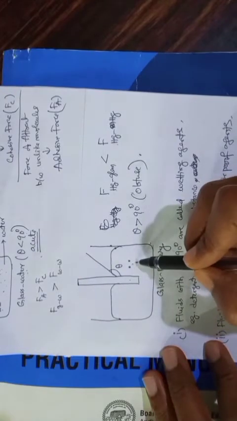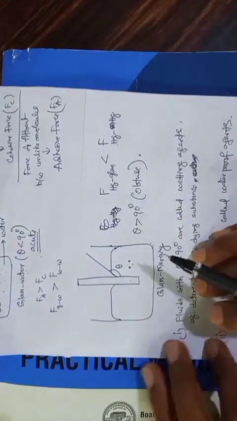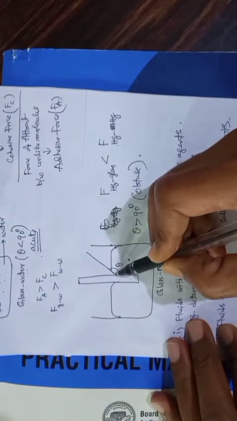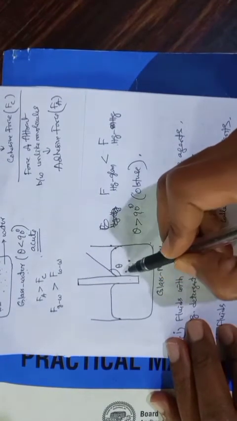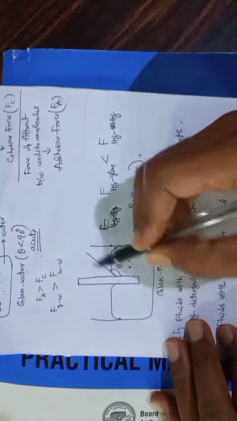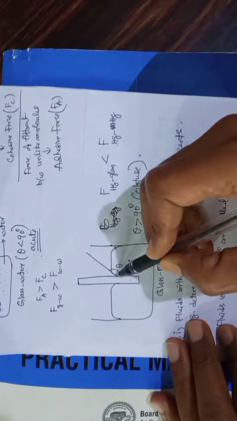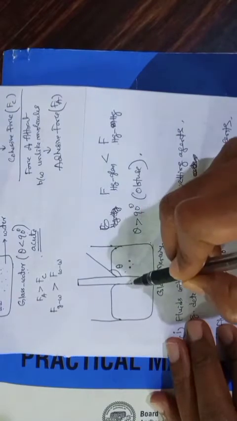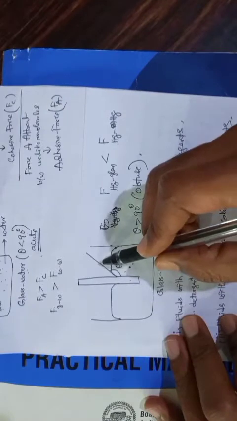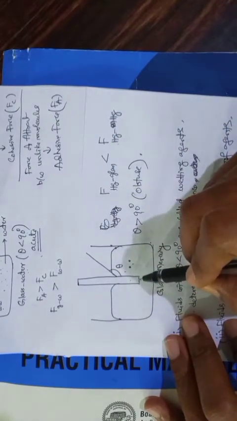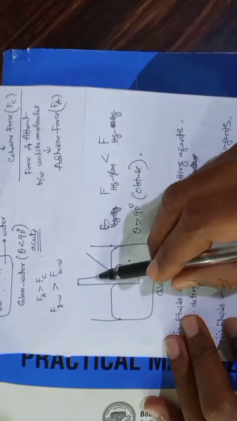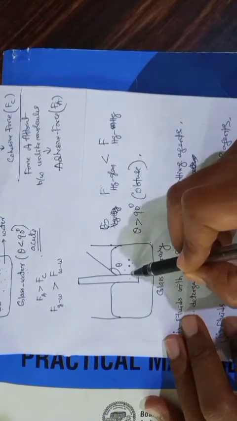So in such a case, how is the angle of contact? Let us see. This is the point of contact for solid and liquid, and at this point you draw a tangent to the curve. Now you take the angle between the tangent and the glass surface inside the liquid, not here, inside the liquid.